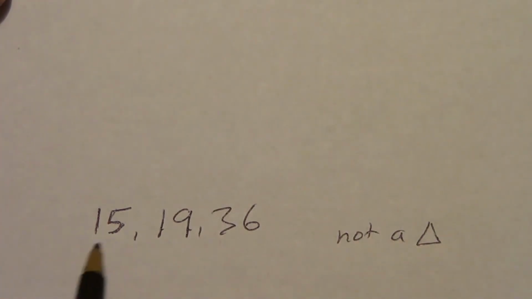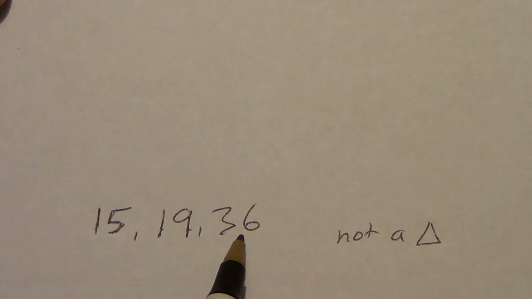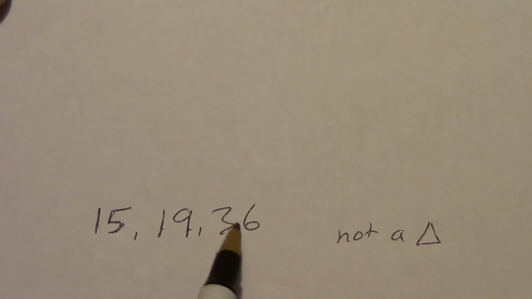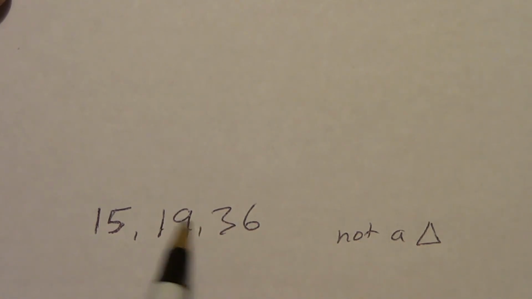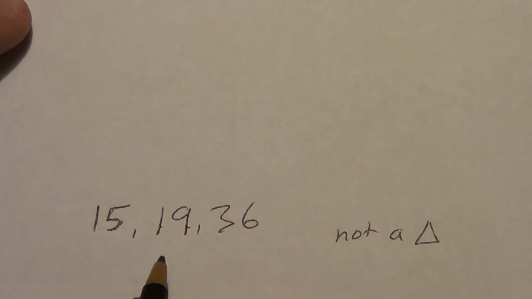We learned in a previous chapter that the two sides added together must be more than the third side. 15 plus 19 is 34. 34 is not more than 36, so therefore these three segments cannot form a triangle. All right, we learned that in the previous lesson, previous chapter, so hopefully you remember that. If not, this is a good review.